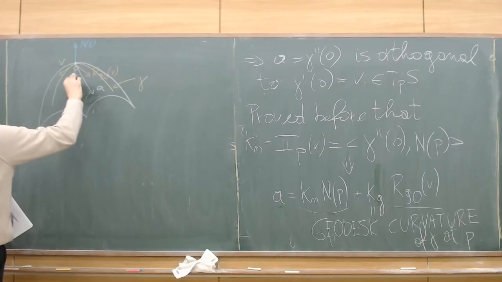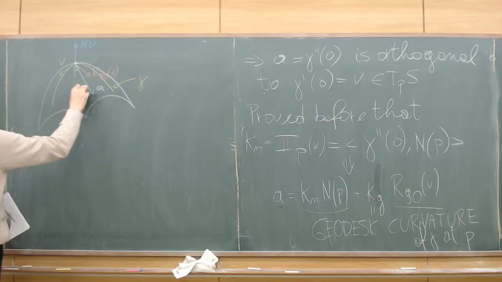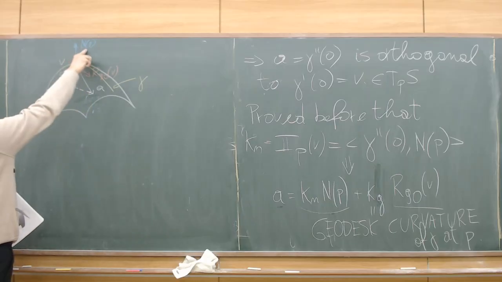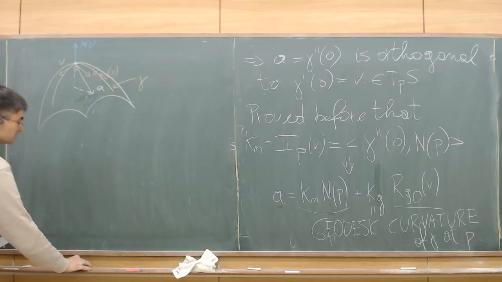So I can decompose A as the sum of this vector here plus a vector which is parallel to N of P, and I don't sketch it because otherwise this picture becomes more confusing.